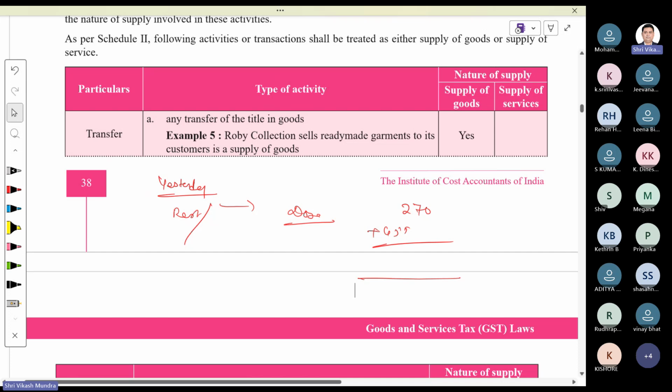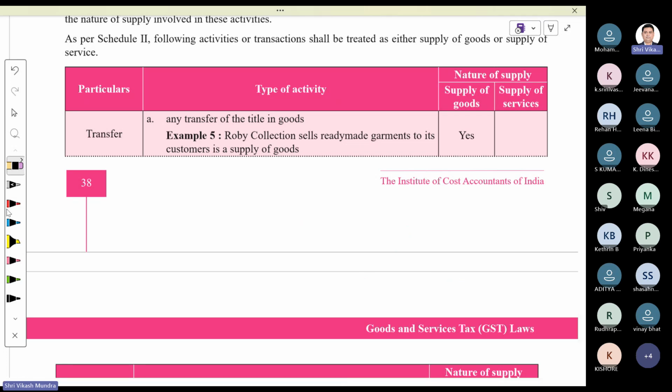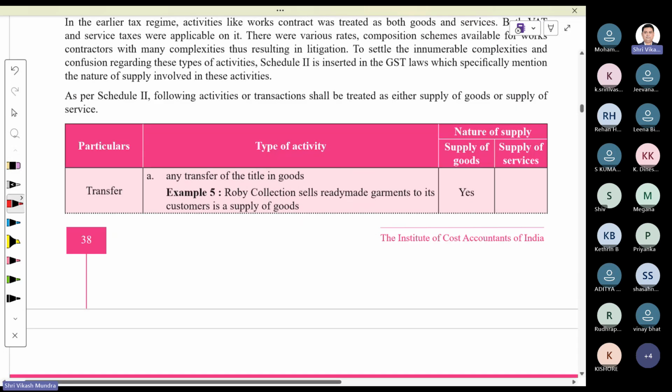To clear all doubts, in GST law, earlier there was some confusion on this. To clear this, they prepared Schedule number 2, where they mention each and every activity, whether it constitutes a supply of services or a supply of goods. That means Schedule number 2 provides a clarification regarding the nature of supply.